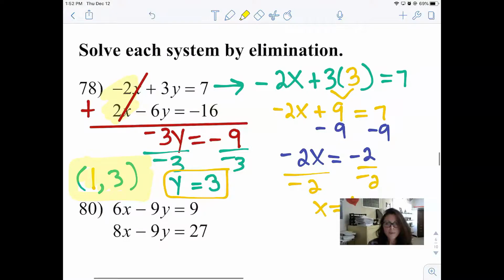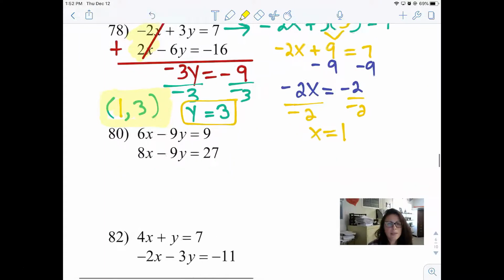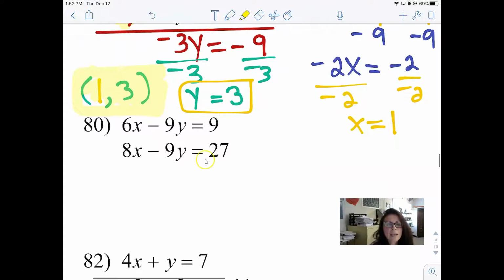All right, so that's systems of equations via elimination. Let's take a look at number 80. If I add, I'm not going to eliminate either variable. Since I see that they have the same terms, both 9s, if I make one a positive, then I can eliminate those.